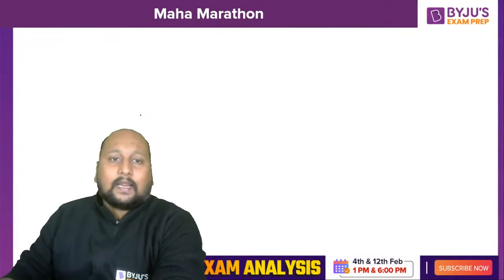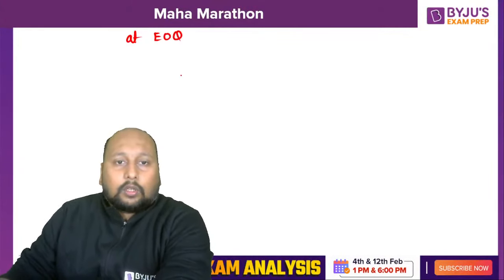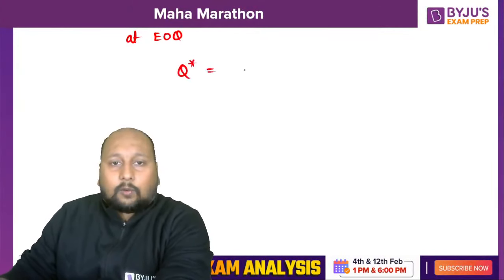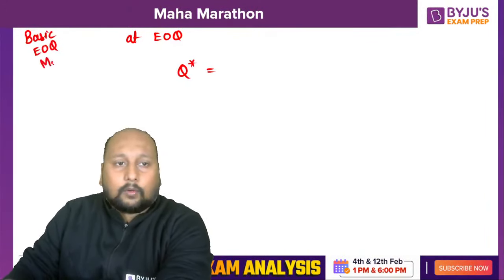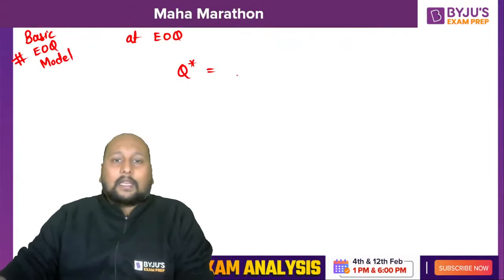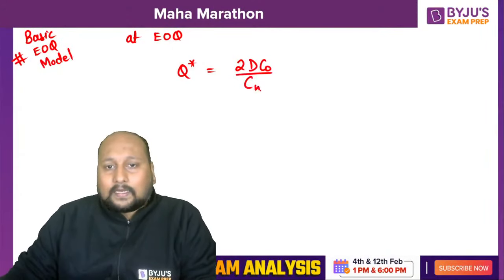So we can say that at economic order quantity, the Q star is equal to, I'm talking about the basic EOQ model, root of 2 into D into CO by CH.